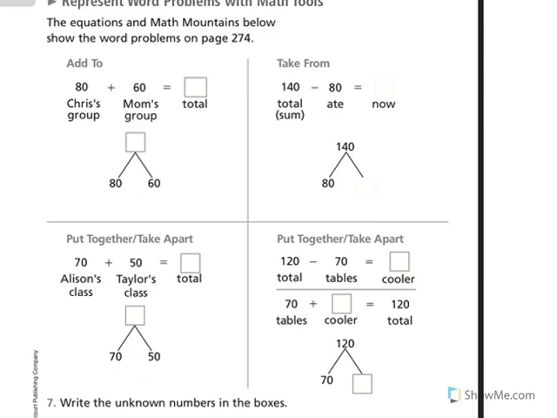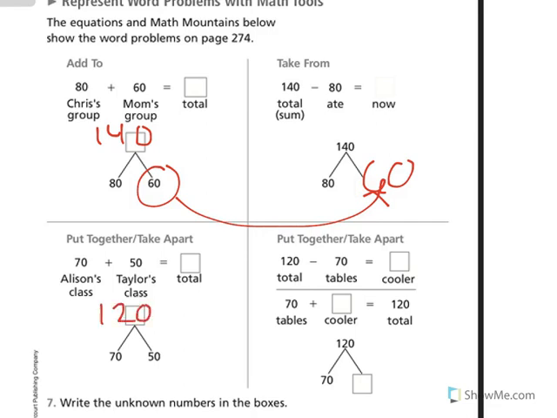Now this is some review of what we just did. So we had the 80 and the 60 together, and that was 140. We had the 140 take away 80, and that's what? 60. Then over here we had 70 plus 50 was what?